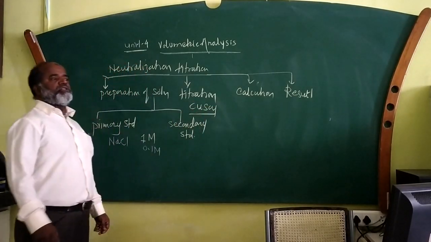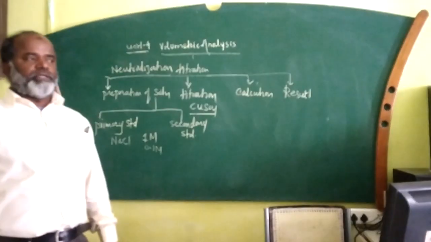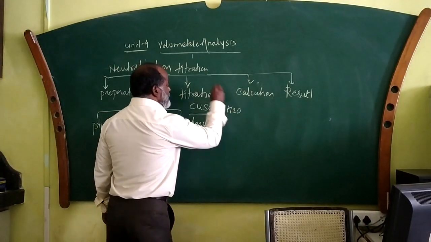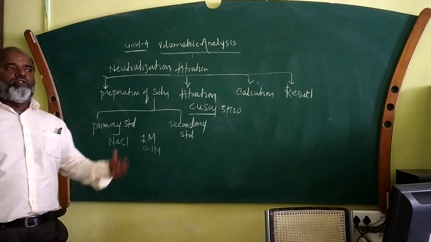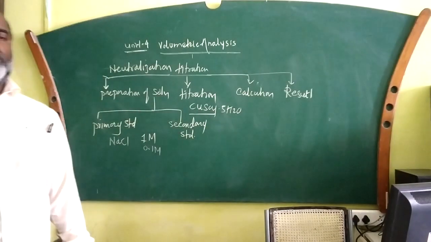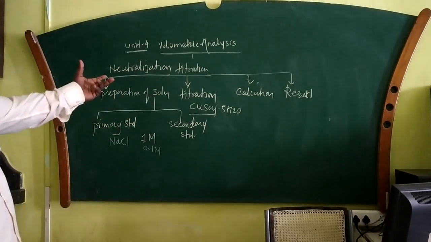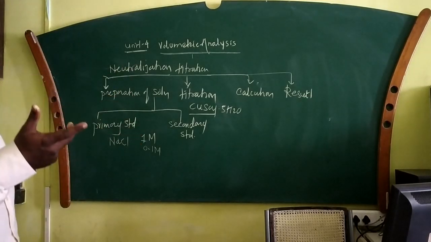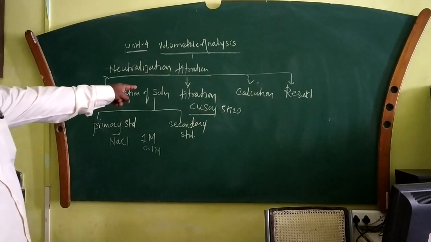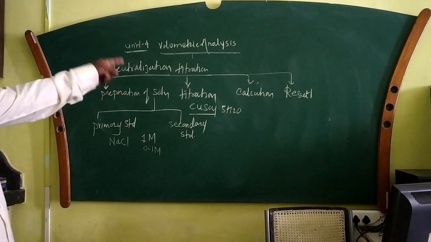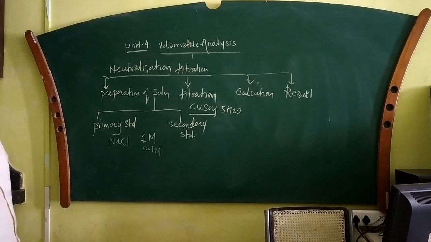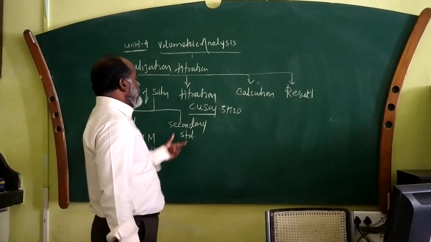So copper sulfate is not a primary standard substance because it is associated with 5 water molecules of crystallization. If I want to prepare 1 molar copper sulfate solution, I will take the required amount of copper sulfate and dissolve in water. After dissolving in water, you will not get exact 1 molar because some amount of water is lost. You will not get an exact weight because there is water of crystallization.